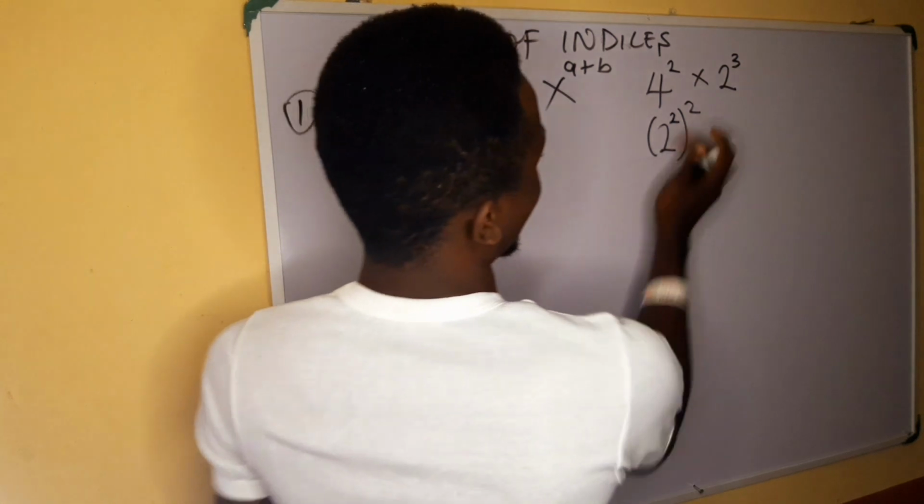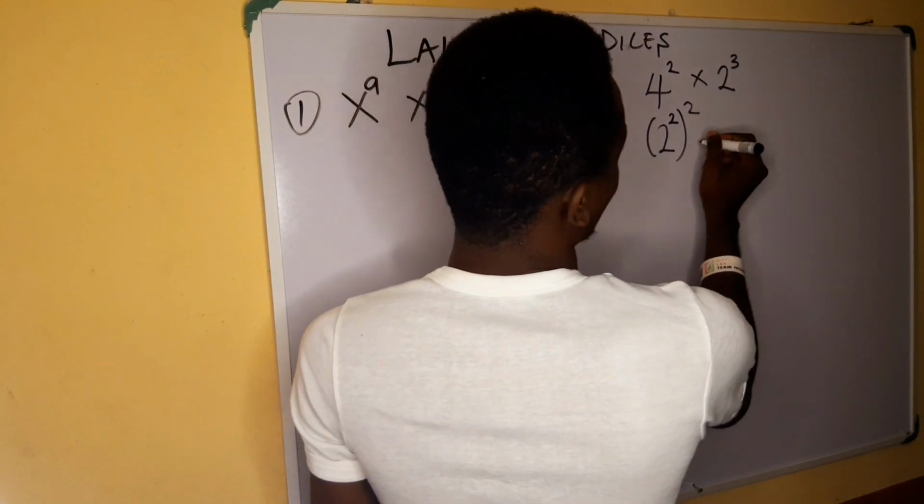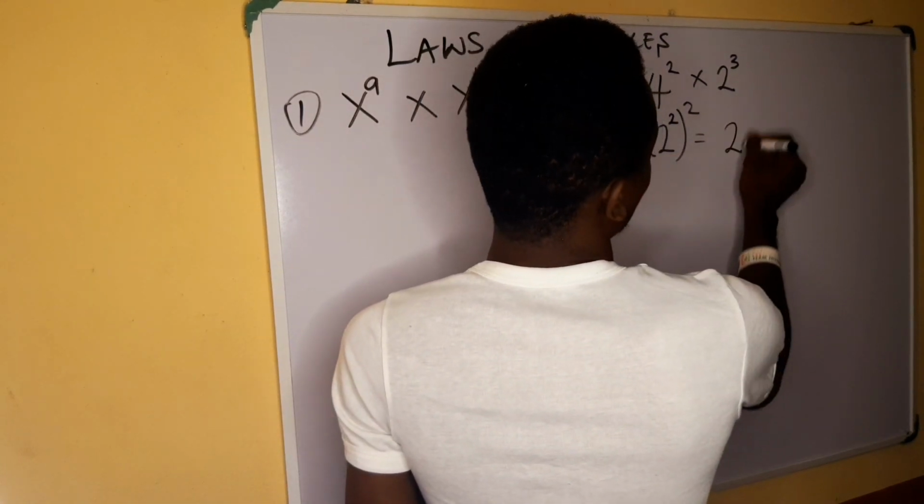You just multiply 2 times 2, which gives us 4. So this gives us 2 to the power of 4.